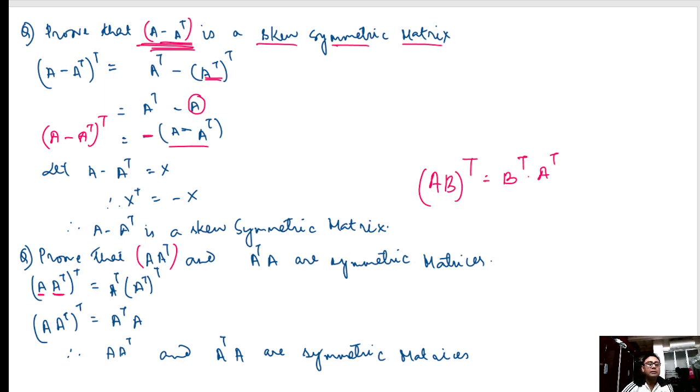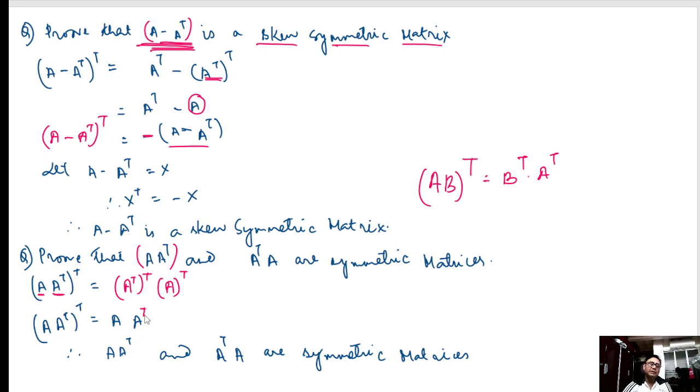I think there is a little mistake here, so let us correct it here only. So it will be B transpose into A transpose. Now transpose of the transpose, so this also we have to write in a proper way. That means this will become A and this will become A transpose.